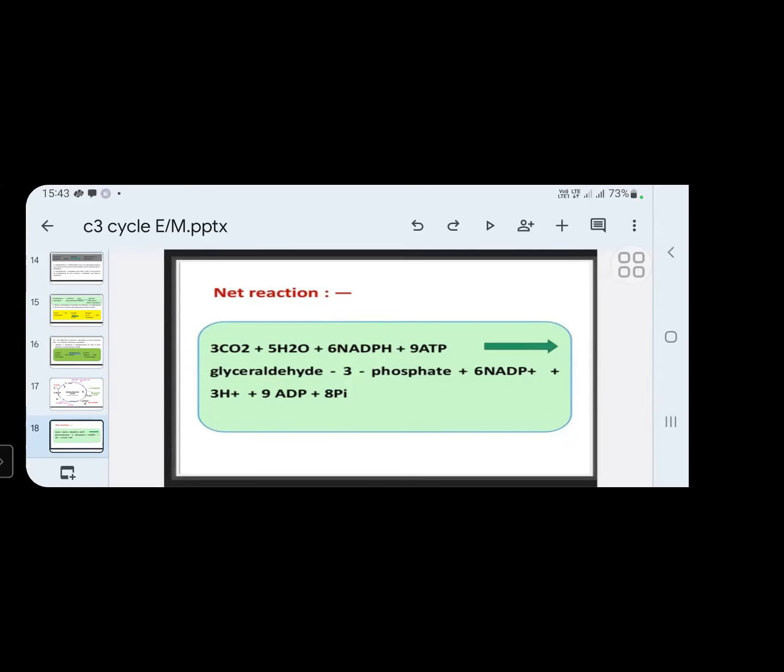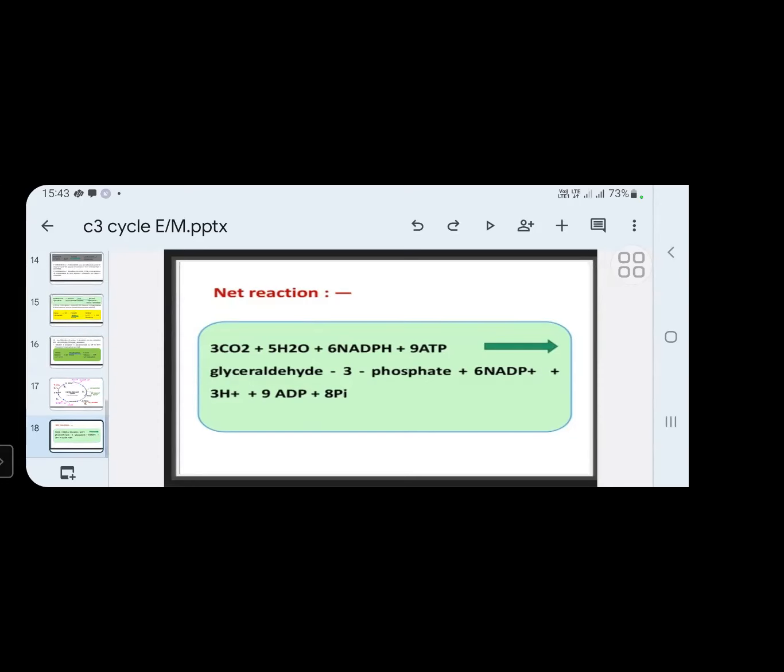It is converted into one molecule of C6H12O6 plus 12 NADP plus 6 H plus 18 ADP plus 18 inorganic phosphates. So that is the net reaction of this cycle.